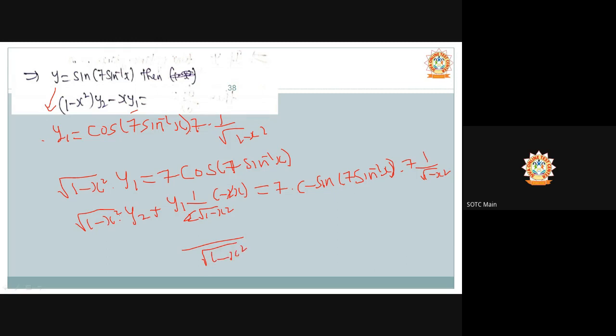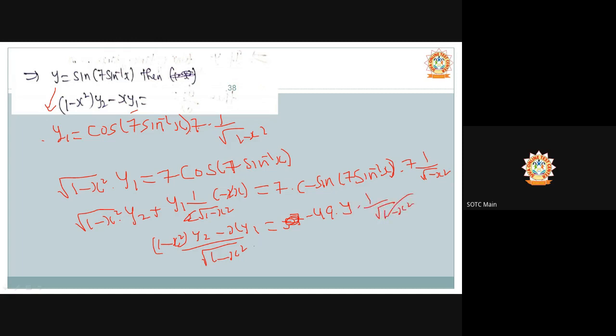Here, if these two will multiply, it will come 1 minus x square into y2 minus xy1 is equal to minus 7 into 7, that is 49. You can write minus 49 into sin of 7 sin inverse x, that is y, into 1 by under root 1 minus x square.